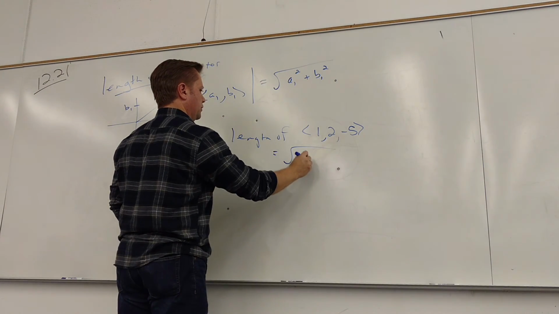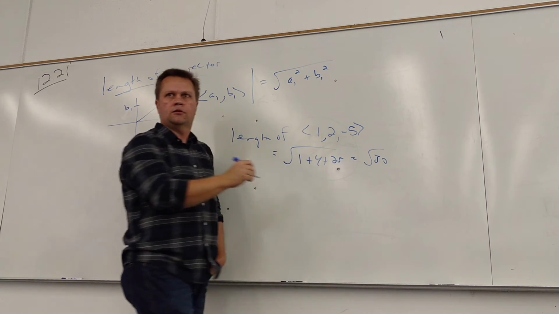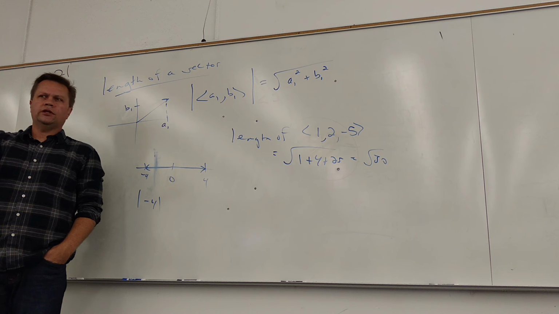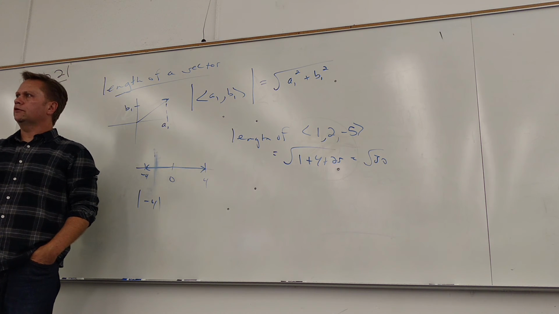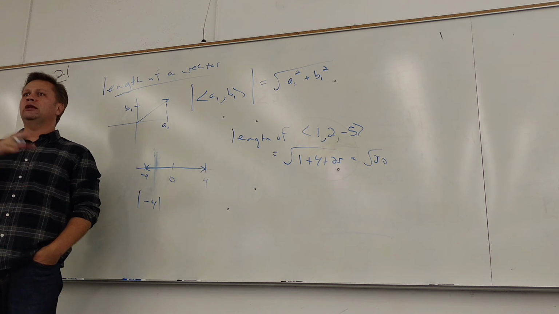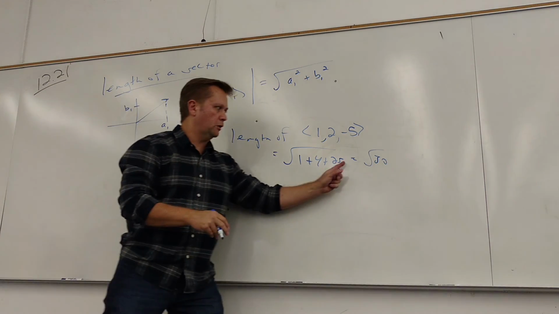Yeah, square root of 1 plus 4 plus 25, right? Square root of 30. I like it. Nice, right? So the length of a vector is always easy to figure out. I don't care how many dimensions, you just keep adding some stuff in there. 4 dimensions, there'll be one more plus in there.